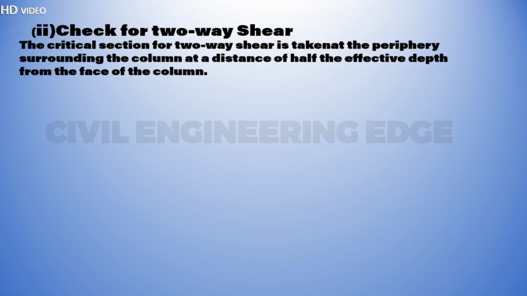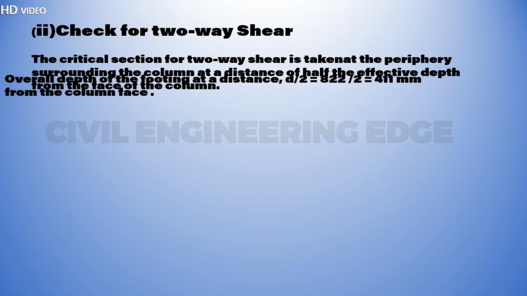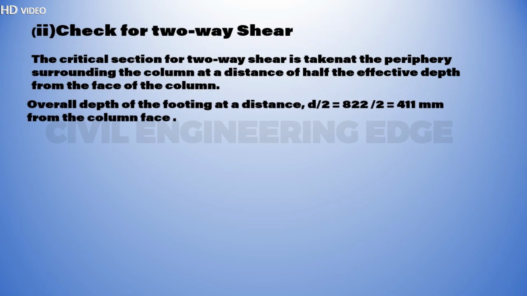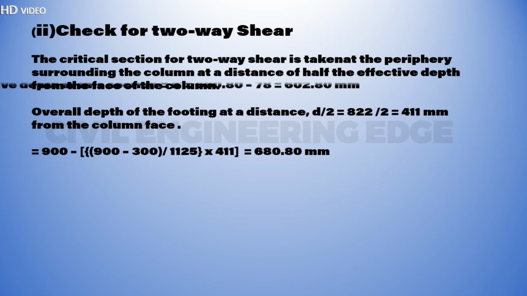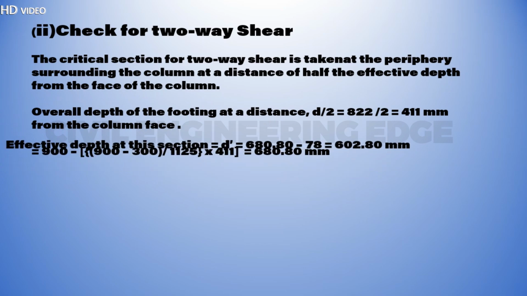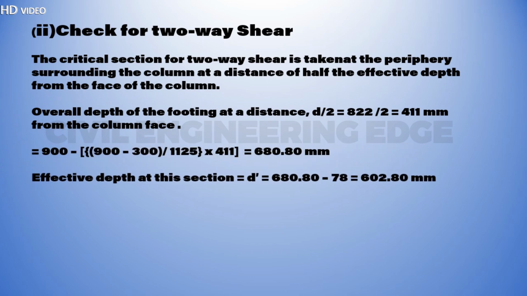The critical section for two-way shear is taken at the periphery surrounding the column at a distance of half the effective depth from the face of the column. Overall depth of the footing at a distance d/2 = 822/2 = 411 millimeter from the column face = 900 − (900 − 300)/1125 × 411 = 680.80 millimeter.